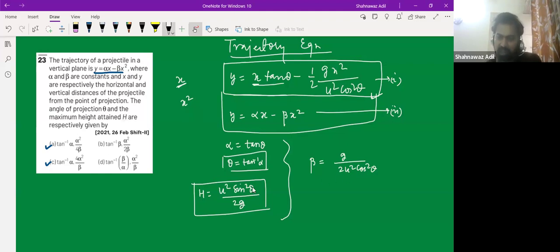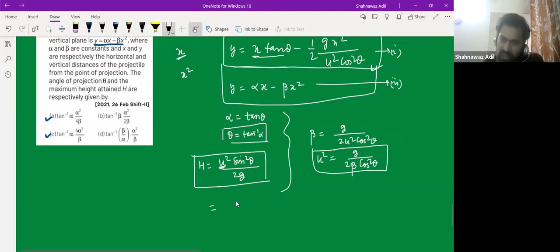We can calculate u square from here, because this is the value that we need. u square is g by beta times 2 cos square theta. If we put this value in here, what will we get?